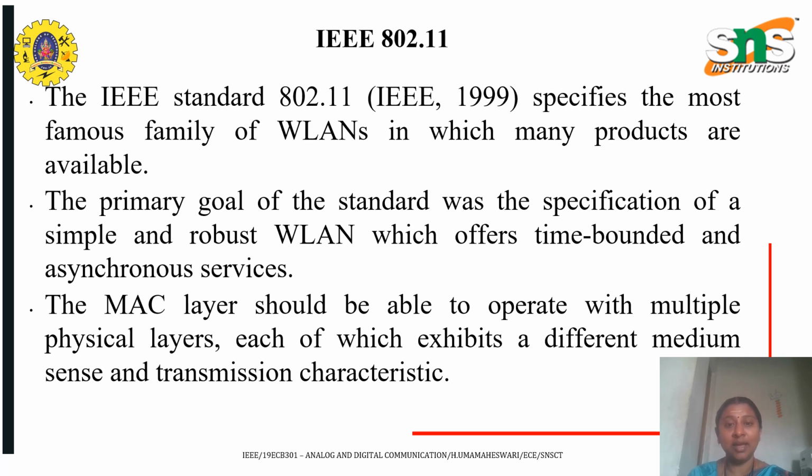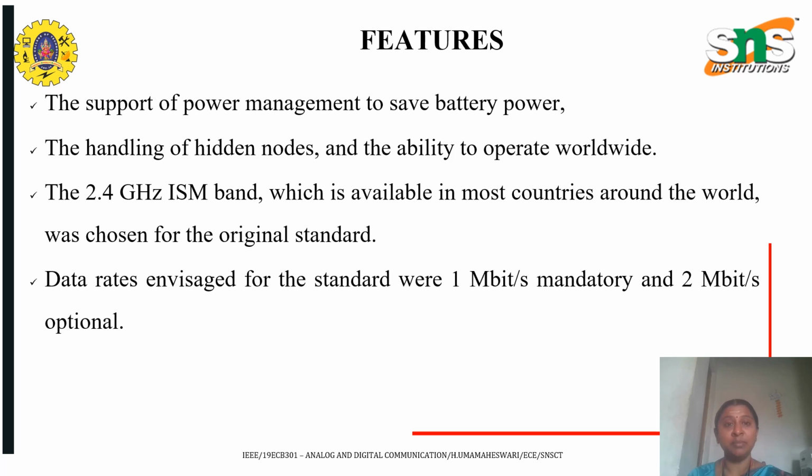The MAC layer should be able to operate with multiple physical layers, each of which exhibits a different medium sense and transmission characteristics. The main features of IEEE 802.11 are the support of power management to save battery power, the handling of hidden nodes, and the ability to operate worldwide.